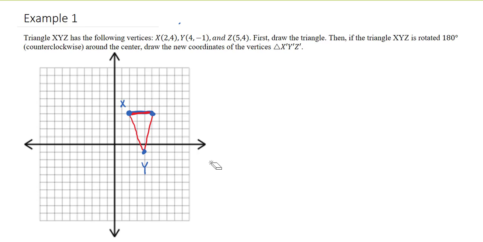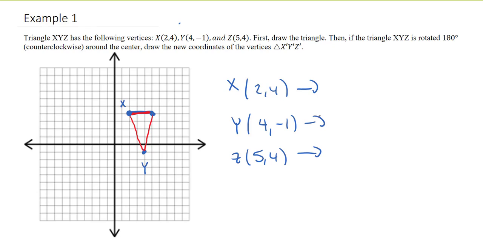But how we do this, if we rotate 180 degrees counterclockwise, we have X, which is (2, 4), Y, which is (4, -1), and Z, which is (5, 4).